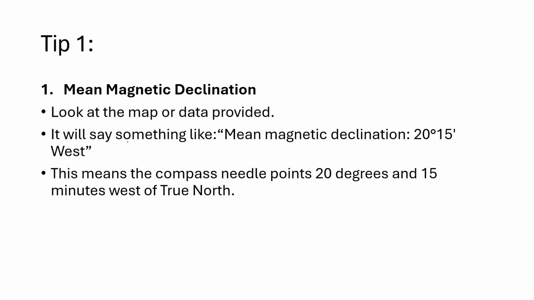So you're going to be looking at the map or data provided, then listen to what the examiner is saying. For example, saying that the mean magnetic declination is 20 degrees 15 minutes west. This means that the pointer inside the compass points 20 degrees and 15 minutes west of the true north.